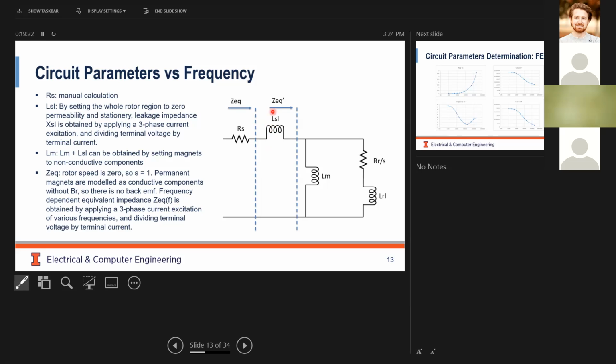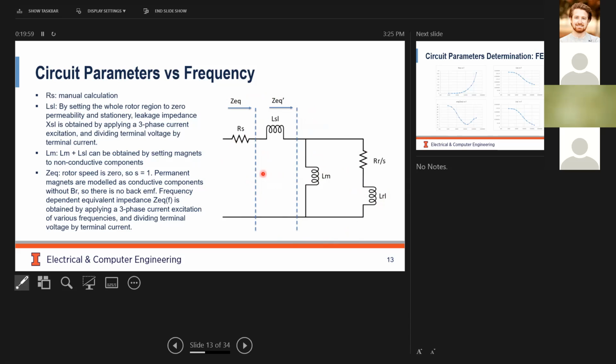Then we can apply a voltage from the terminal by sweep, and then some current excitation will be excited in this circuit, and dividing the voltage by the current, we will get an impedance. So that impedance is the rotor equivalent impedance corresponding to a particular frequency.